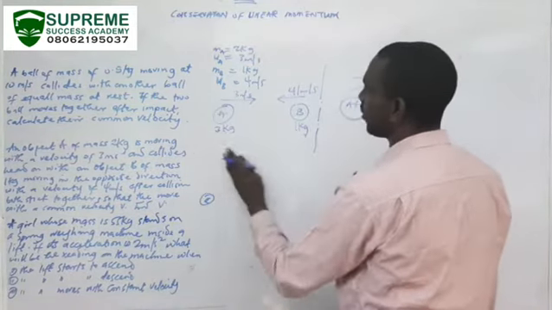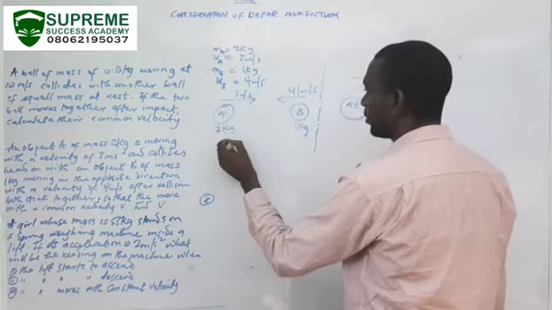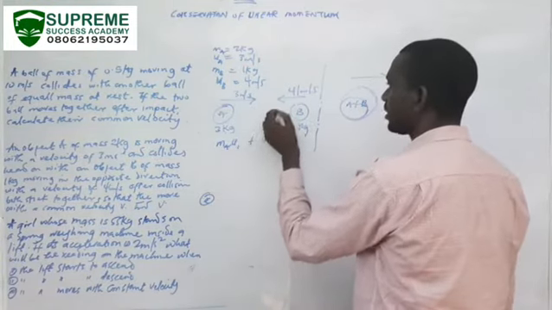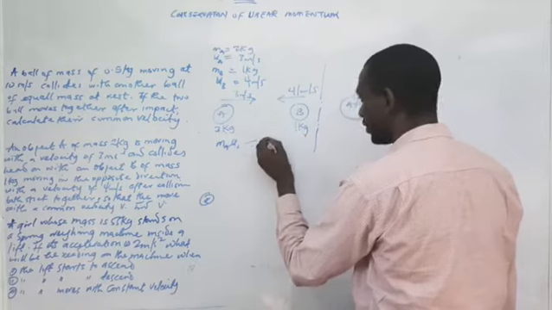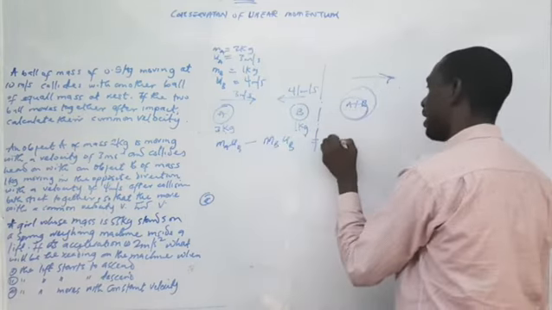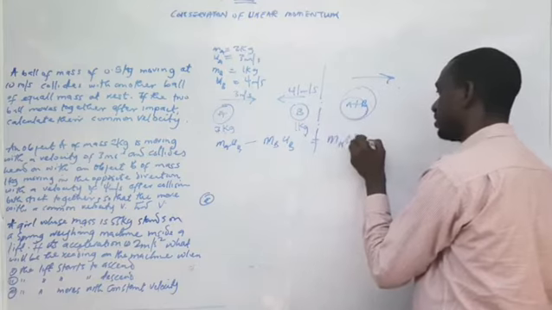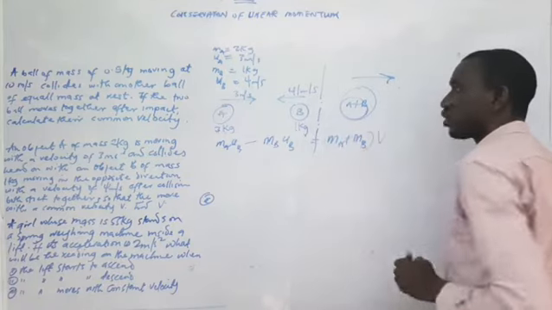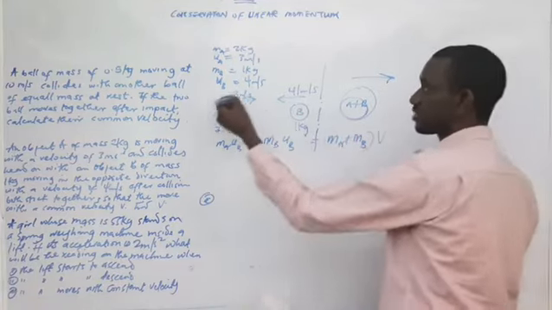So let's follow our normal MAUA plus. Is this my plus now? This will be minus MBUB equals MA plus MB bracket the common velocity. So let's substitute.